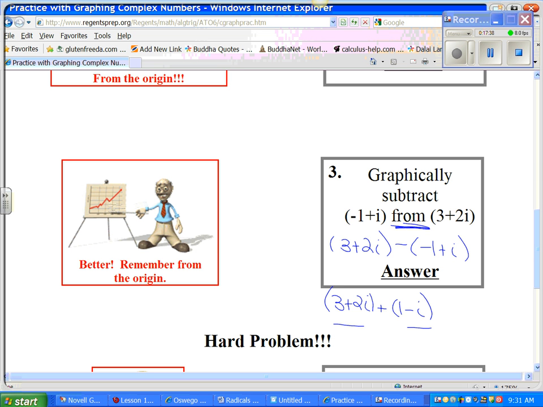So here's the two vectors that you're going to graph. Okay, and then the resultant, which is 4 plus i. So these are your three vectors that you'll graph. Okay, so when you're doing subtraction, you have to distribute through that negative first, determine what your new vector is, okay? Then find the sum of the two new vectors and graph all three, okay?